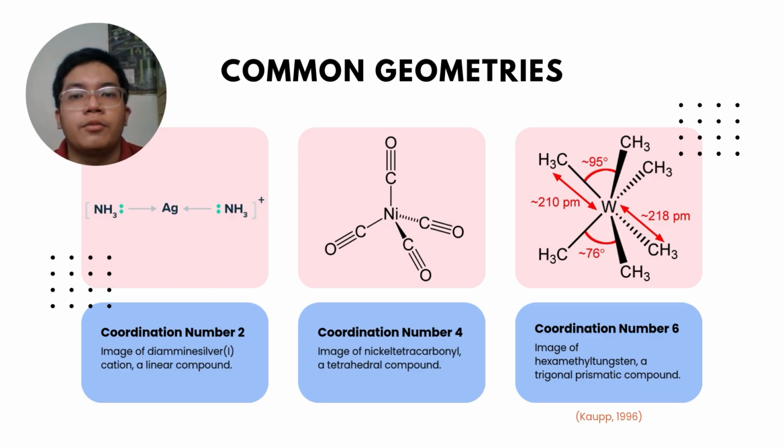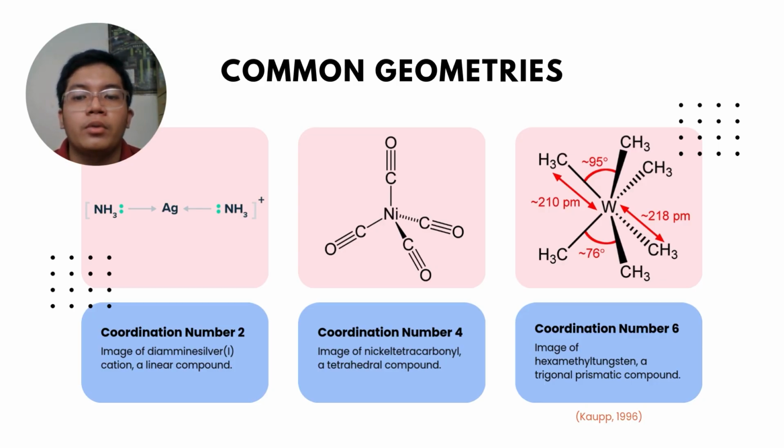The second entry for common geometries would be for coordination number 4. The shapes for this geometry are either tetrahedral or square planar. Tetrahedral is the most common geometry, with ligands attaching to a central atom at 109.5 degrees of each other. One example of a tetrahedral compound is nickel tetracarbonyl with 4 carbonyl ligands.